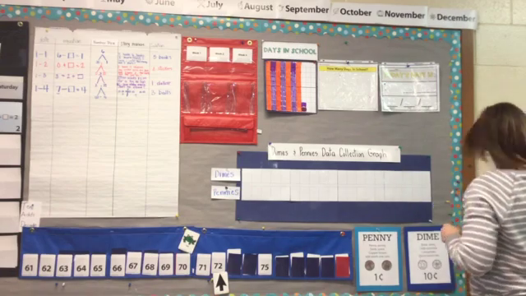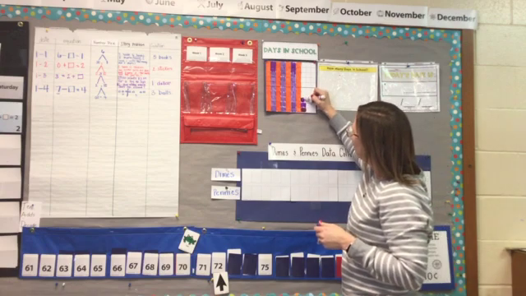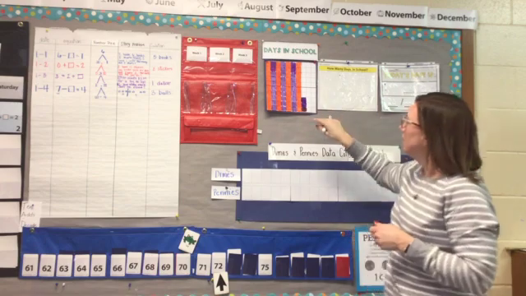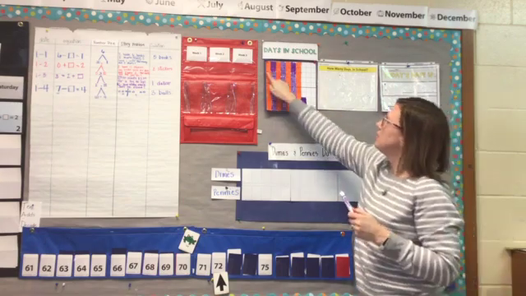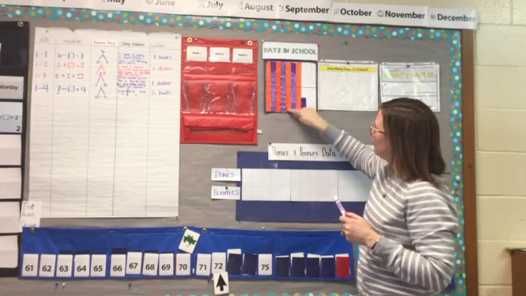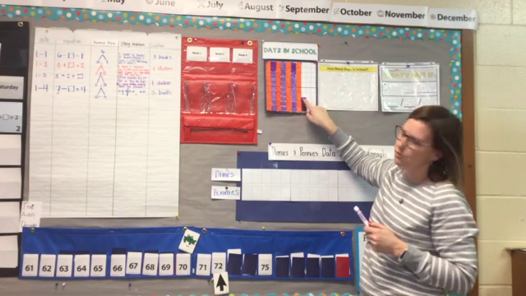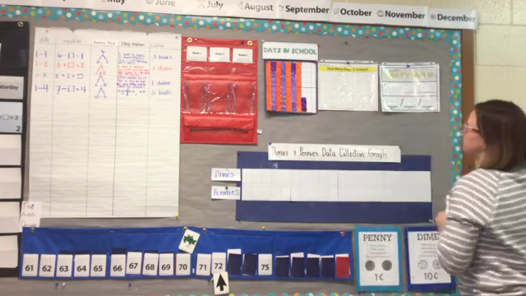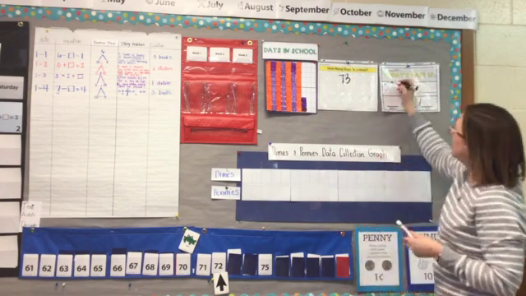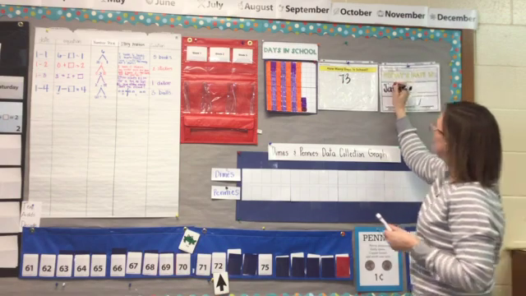So let's add a day in school. We're back from winter vacation. Here's another day in school, and we've been in school for 10, 20, 30, 40, 50, 60, 70, 71, 72, 73 days. 73 days, and today's date is January, and I'm going to write the abbreviation for January.